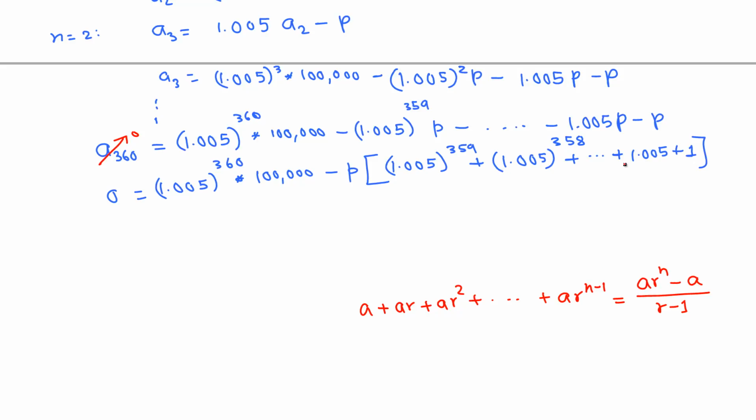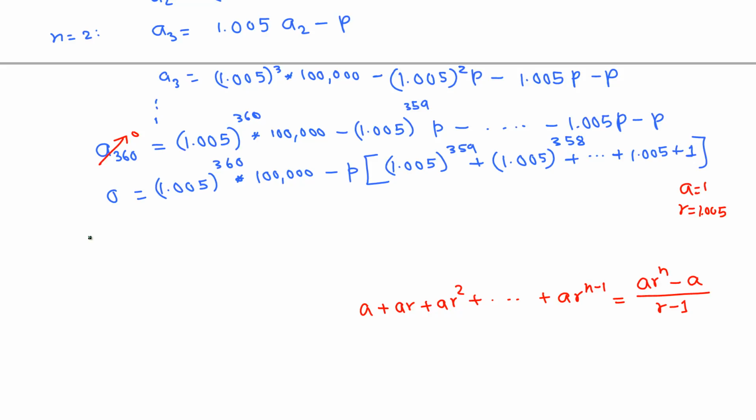In this geometric series, we have a equals 1 and r equals 1.005, just dividing the second term by the first.